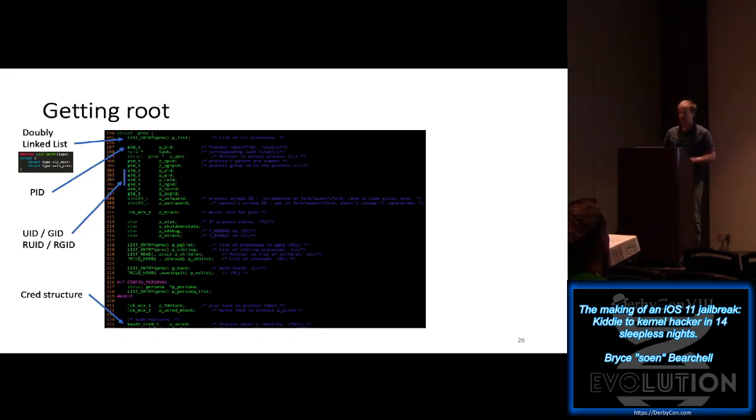Let's look at Apple's sources. Apple's released their sources, and inside of the process headers for how they store processes in the kernel, you can see, all right, we have a struct proc, we have a linked list at the top, and then we have our process ID. Okay, this is pretty easy to follow. We have our user permissions, our UID, our GID, and then down at the bottom we got our credential structure.